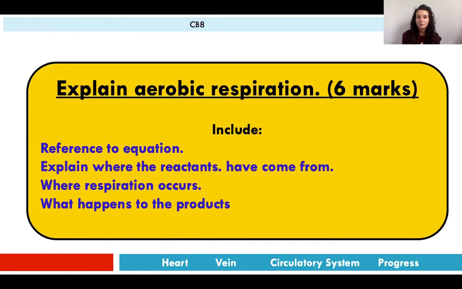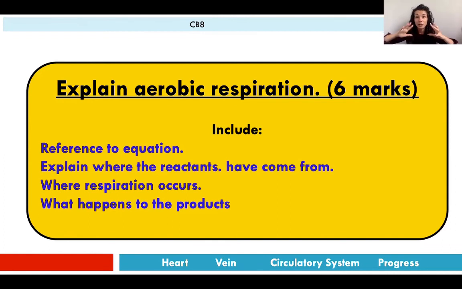Okay. So what I would like you to do is answer this 6-mark question. So explain aerobic respiration. So aerobic means respiration with oxygen. I'd like you to reference the equation. So write down the equation, explain what the reactants and products are, explain where respiration happens, and explain how we get the reactants and what happens to the product.